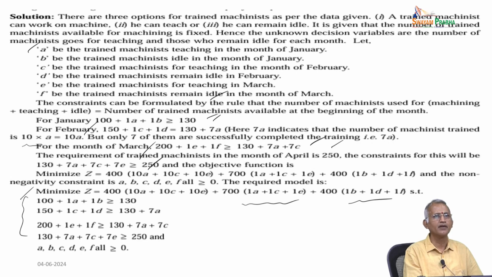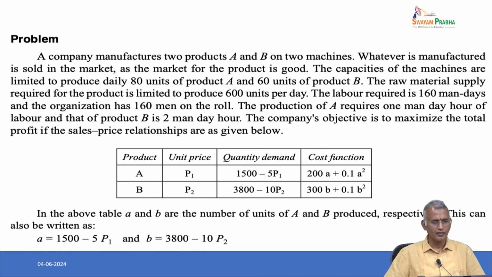Therefore, 130 plus 7A plus 7C plus 7E greater than or equal to 250. So, subject to the 4 constraints, and A, B, C, D, E, F all are positive. Next, we have another example.